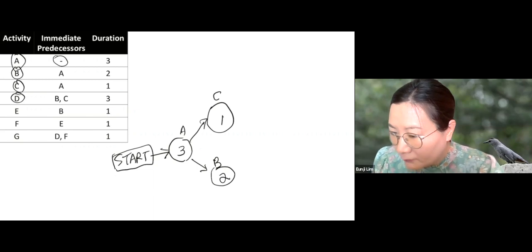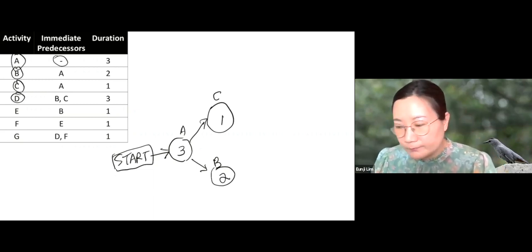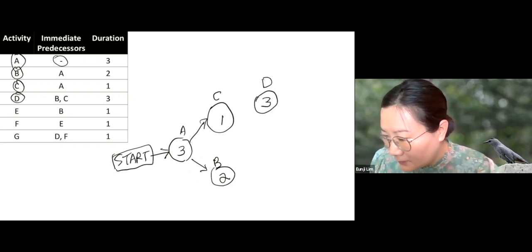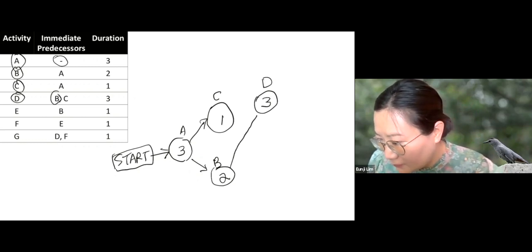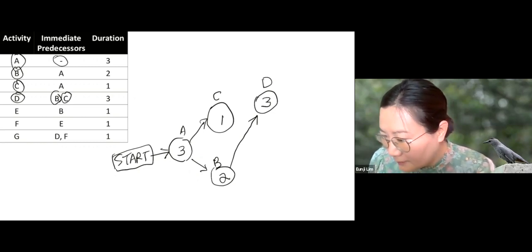And after we finish B and C, we can start working on D. So there's D. The duration is 3 months. And to start D, we have to wait until B is done. So let's draw an arrow from B to D. And we also need to wait until C is done. So let's draw another arrow from C to D.